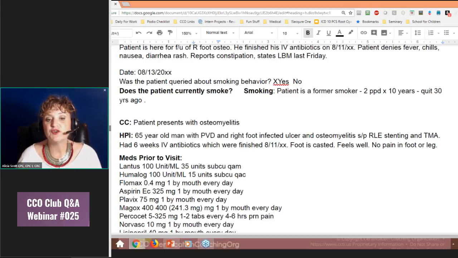And they have a right foot infected ulcer. Oh, that's really exciting, because do foot ulcers risk adjust? No. But if it's a patient with PVD that has an ulcer of the foot, that changes things. And it says the patient has an infected ulcer and osteomyelitis, which is just an infection of the muscle and going down into the bone. It's a very serious thing.